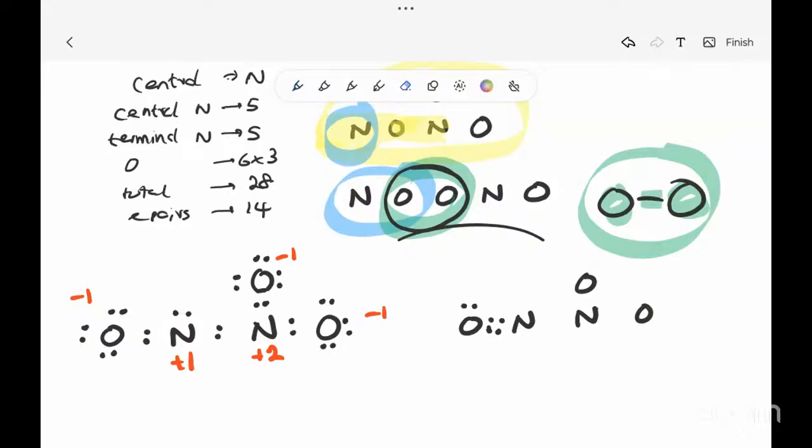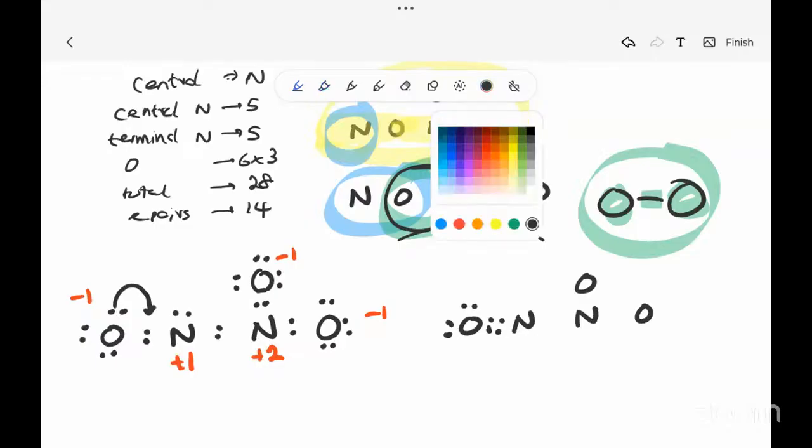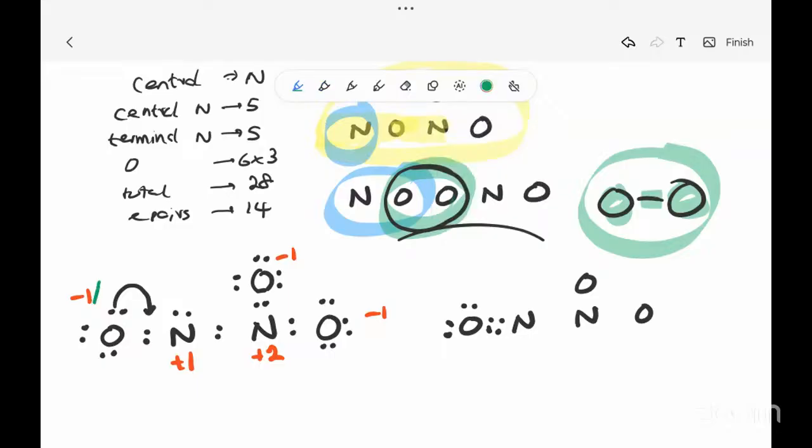The other way around, from here to here. Otherwise, the plus charge will increase. Then because of that, we will have something like this. Here this will induce a +1 charge. This one induces a -1 charge. Then we will have one bond here, one bond here, and one bond here.